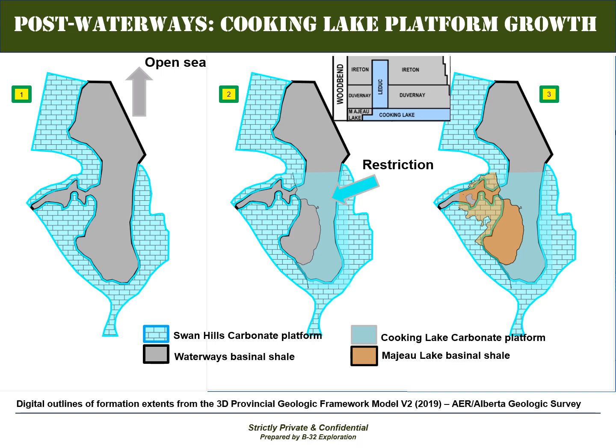In addition, the Majeau Lake has essentially flooded the pre-existing Swan Hills platform and is now in a new position, which will eventually show to be proximal to the dolomitic reefs of the Duvernay.